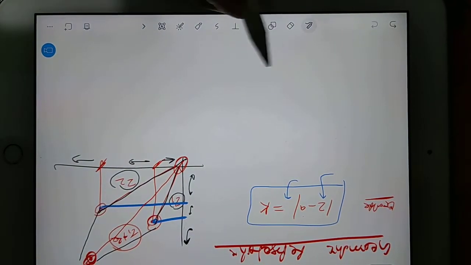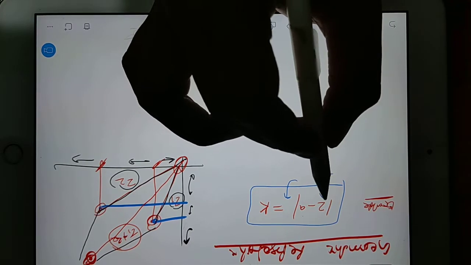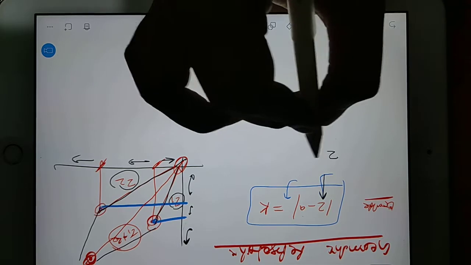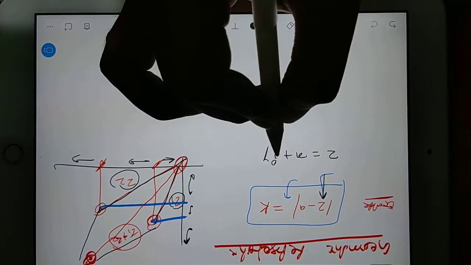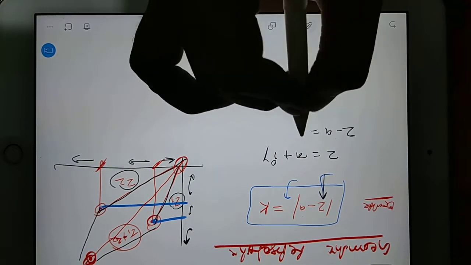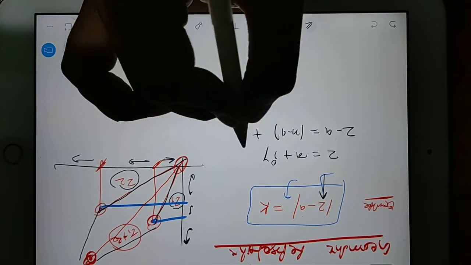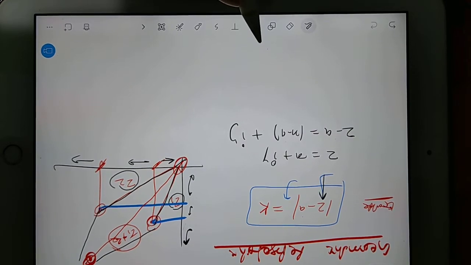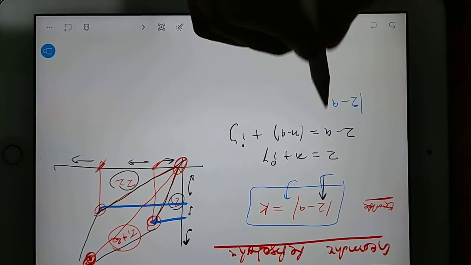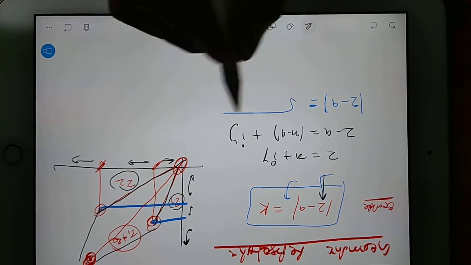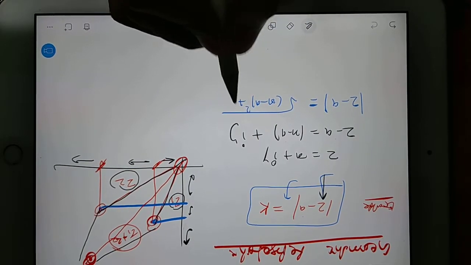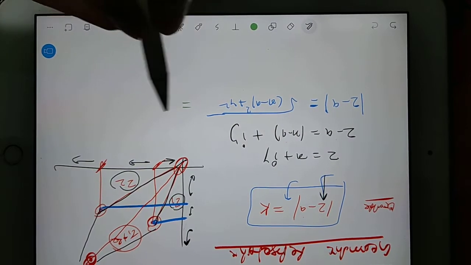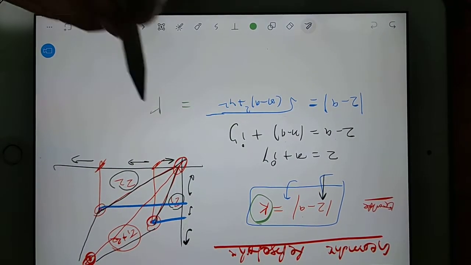This z that you are seeing here is nothing but z is equal to x plus iy, which you always consider. Since you have subtracted a, it will be x minus a plus iy, because a is a real number, that's why I am subtracting from the x alone. Now if you find the mod of z minus a, it will be under root of x minus a whole square plus y square. This total thing represents some constant k here.